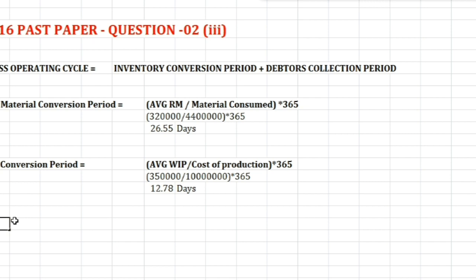Finished goods conversion period equals average finished goods divided by cost of goods sold, or cost of sales, into 365 days.